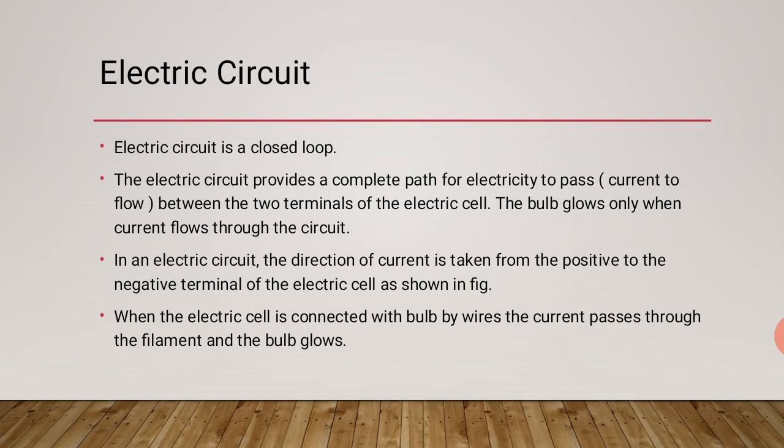In an electric circuit, the direction of electric current is taken from the positive terminal to the negative terminal of the cell. I will show this in the next slide.